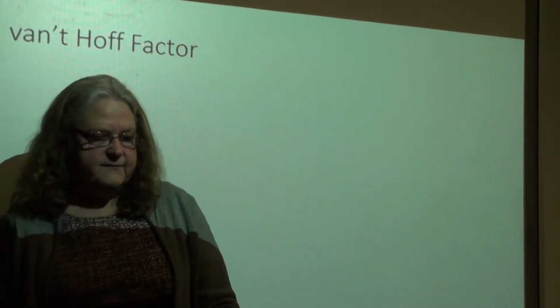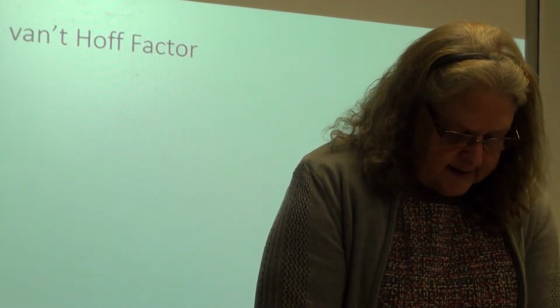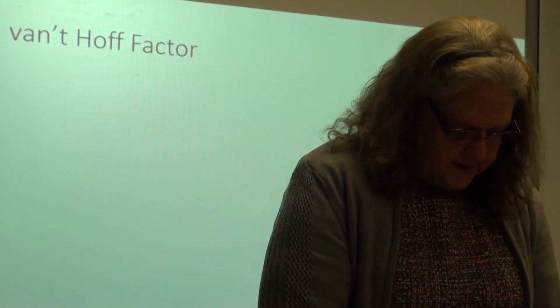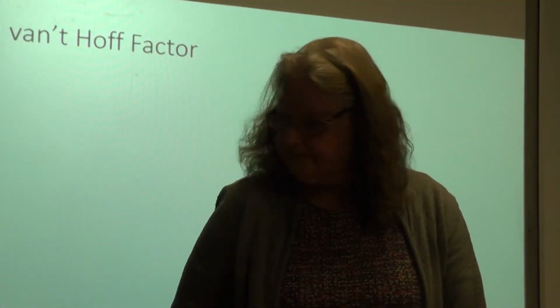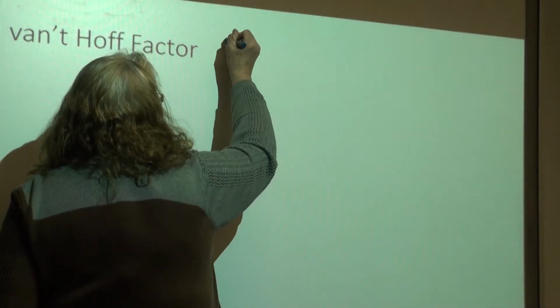So we have this thing called a Van Hoff factor, which kind of takes care of this idea that the particles break apart when I put them into solution. And the Van Hoff factor is given the symbol i.